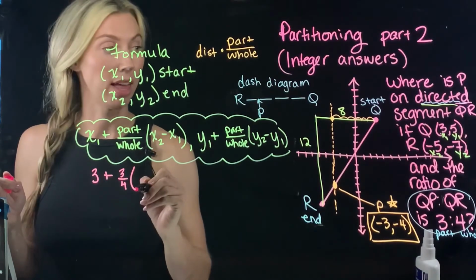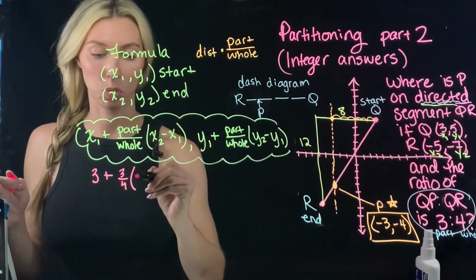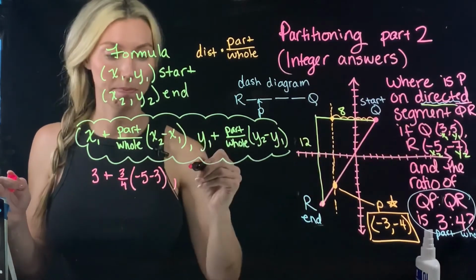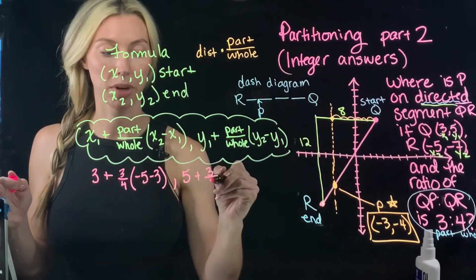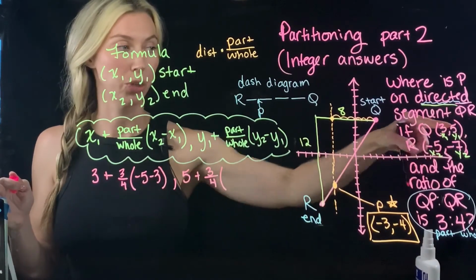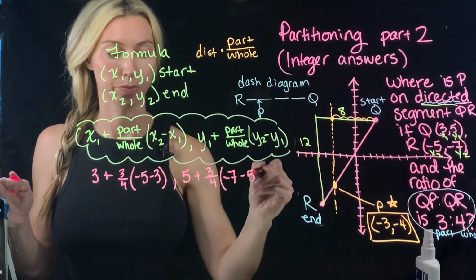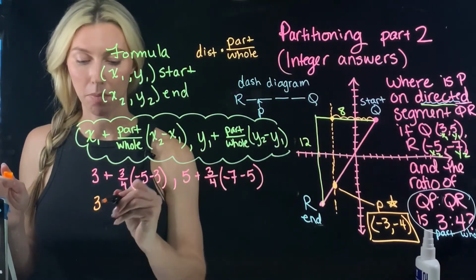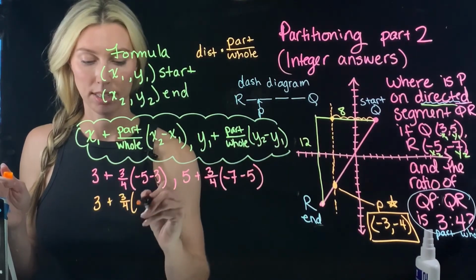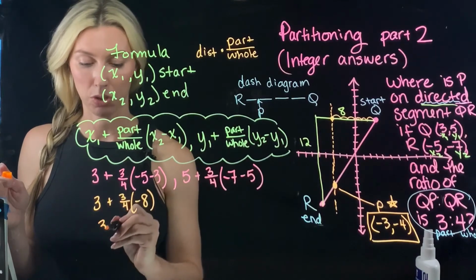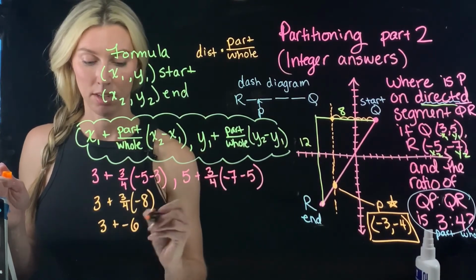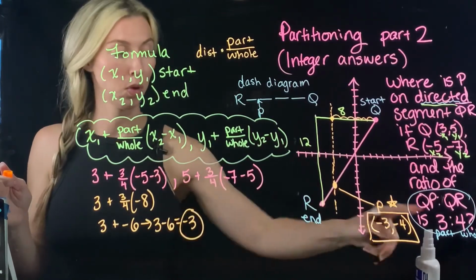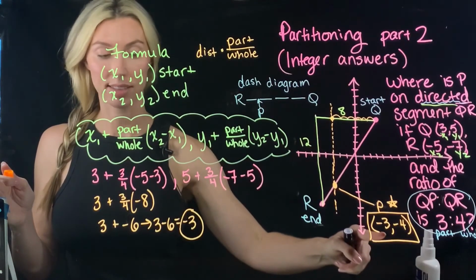And then I can do x2 minus x1. And the same thing for the y's. So y1 plus the part to whole ratio times y2 minus y1. And if I continue to work that out, I'm going to get 3 plus 3 over 4 times negative 8, which is 3 plus negative 6, which is actually just 3 minus 6, which gives you negative 3, which was the coordinate that we got for x.